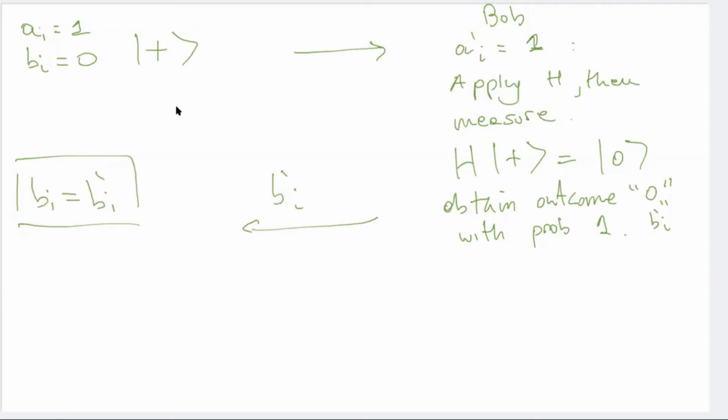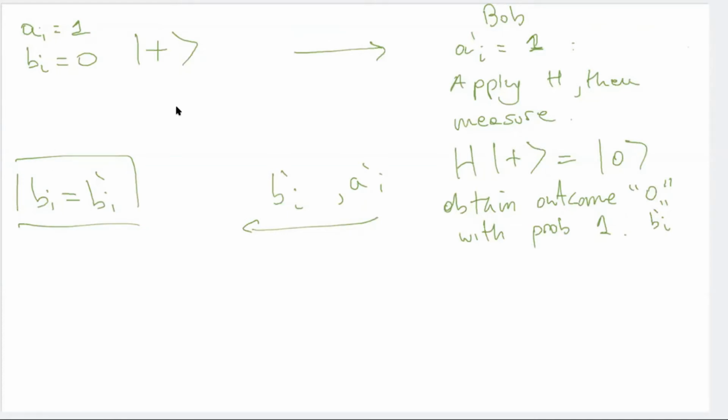So what they're going to do in the next step is first check which are the bases on which they agree. Alice is going to check, because Bob is sending the choice of basis, not the outcome, just the choice of basis. Alice is going to single out which are the bases on which they agree. And then they're going to compare their outcomes on, say, about half of the qubits on which the bases agreed.